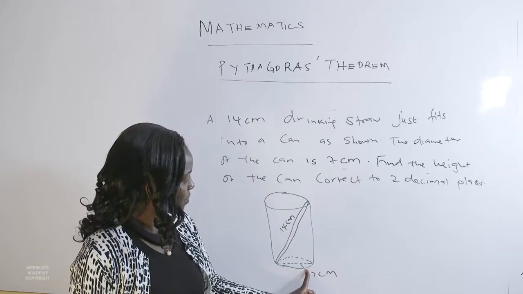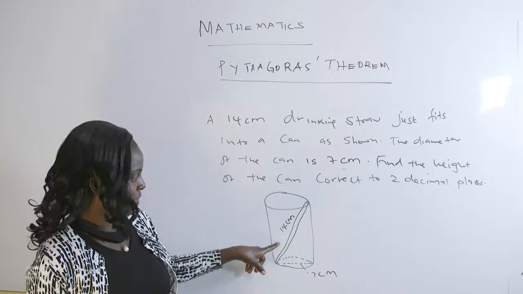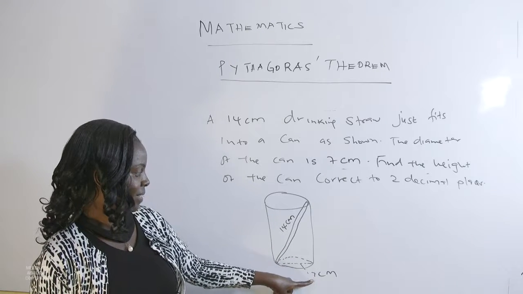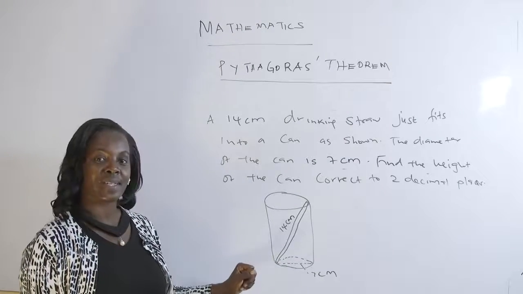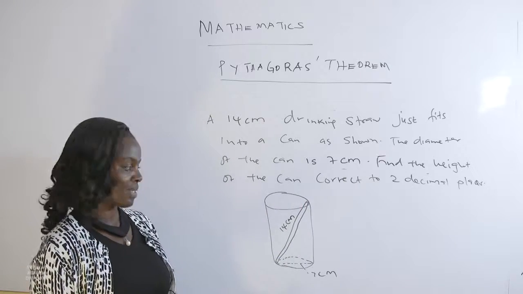and the bottom of the can. So the straw forms the hypotenuse. The diameter of the bottom side of the can is what is forming the other side of the triangle, and the side of the can is forming the other side of the triangle.